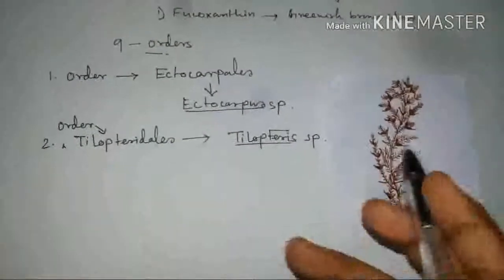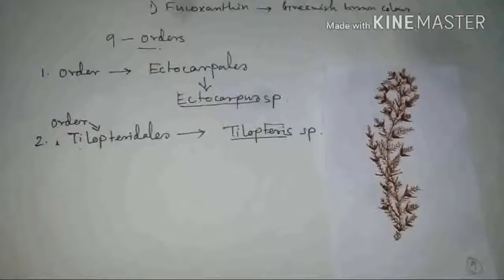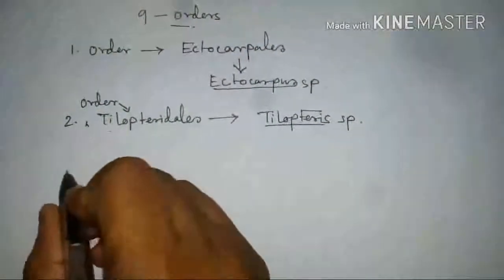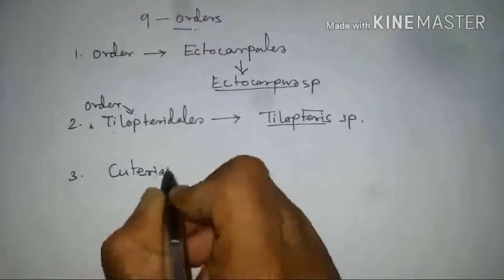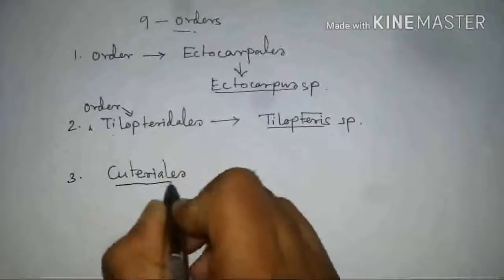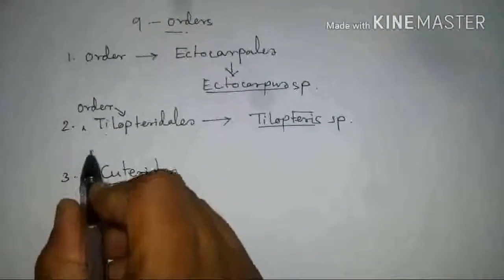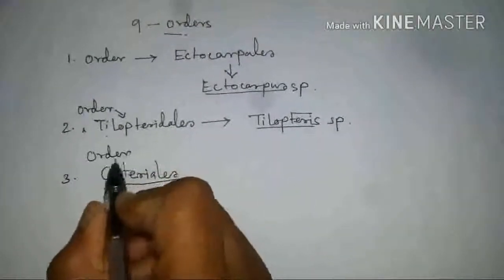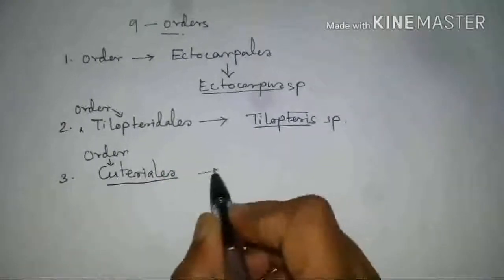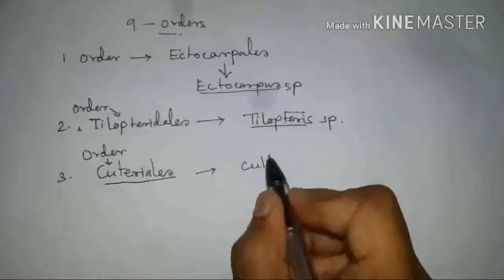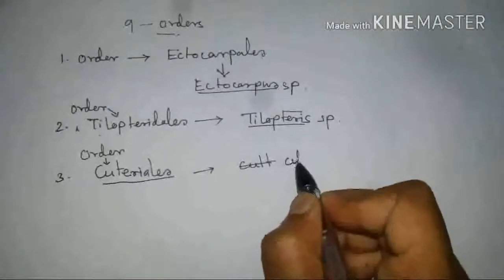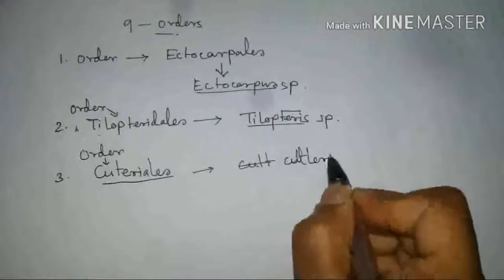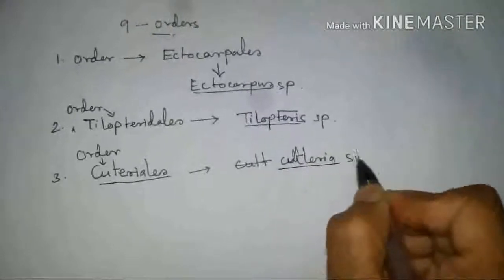Now the third order is Cutleriales, and an example of this order is Cutleria algae.